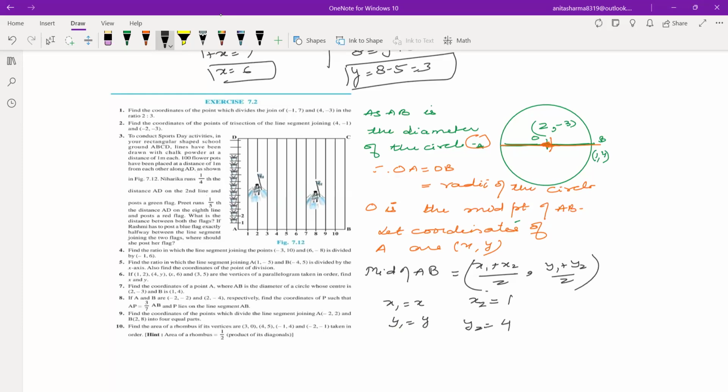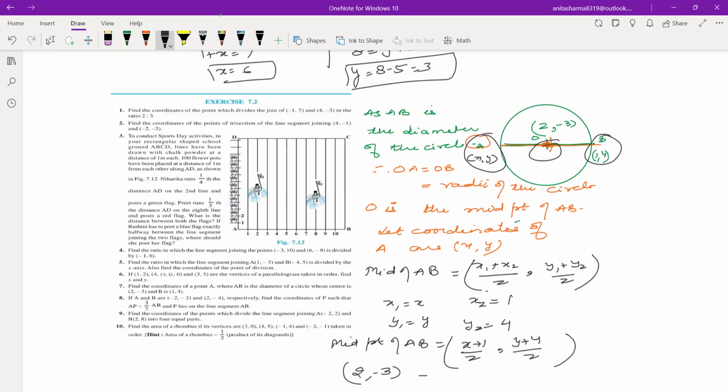Okay, this is your A point and this is your B point. So the midpoint of AB is x plus 1 divided by 2 and y plus 4 divided by 2. And this coordinate is already given, that O point. What is given? 2, minus 3. Clear, beta?